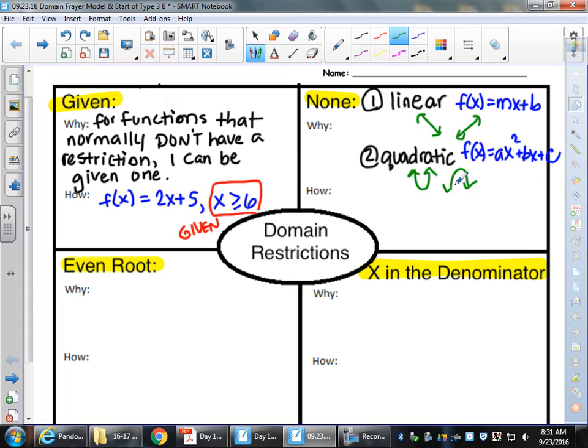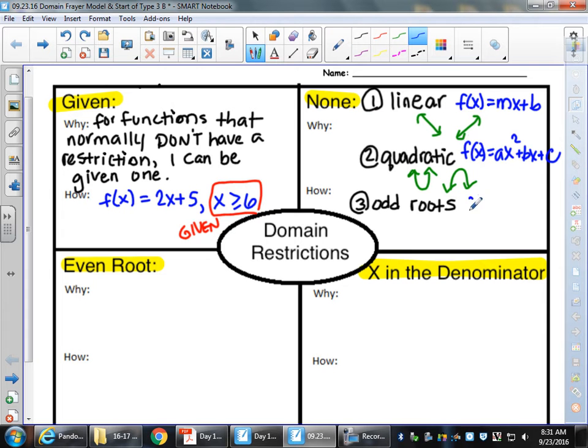And there was one more that does not have a restriction. Odd roots. Very good. I have extra copies, so if anybody's made a mistake, you want another copy, let me know. Odd roots.